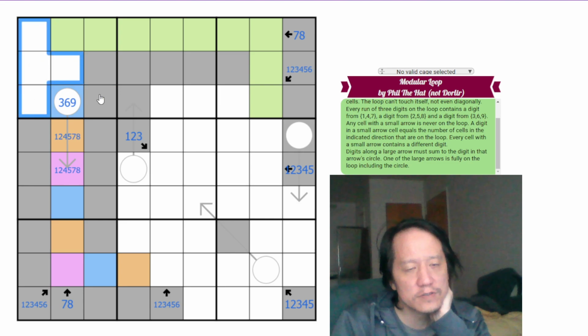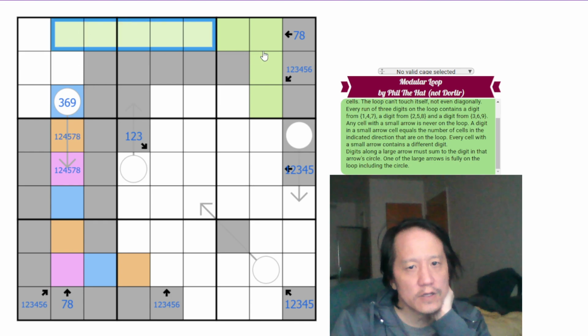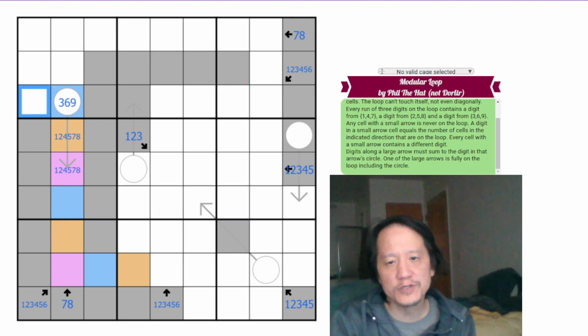One of these is... Let's color this, because then we can determine from that what it could be. So, say we went this way. This would be pink, orange, blue. Which means this is pink, right? So this could be pink.